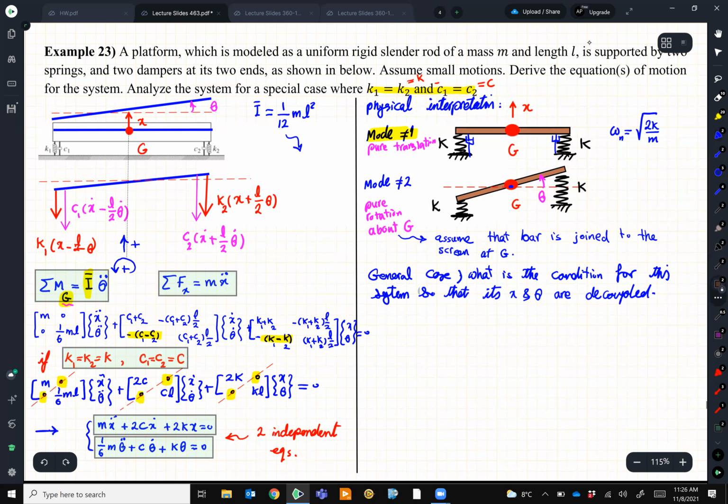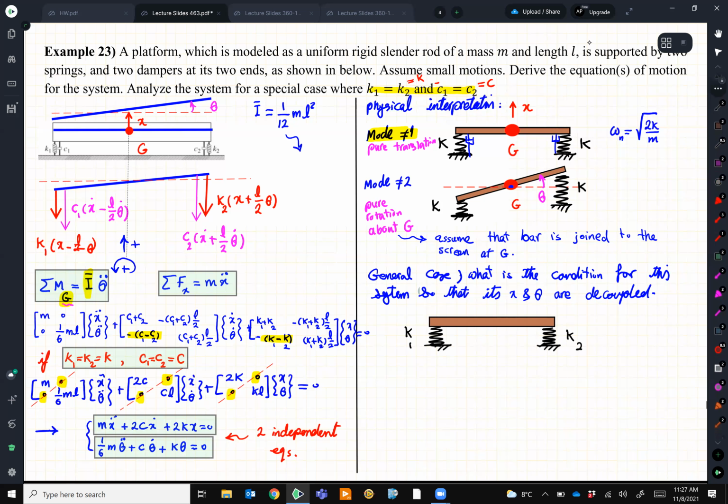So let me draw the system. This one is K1, this one call it K2. This time our center of gravity is at some arbitrary location.